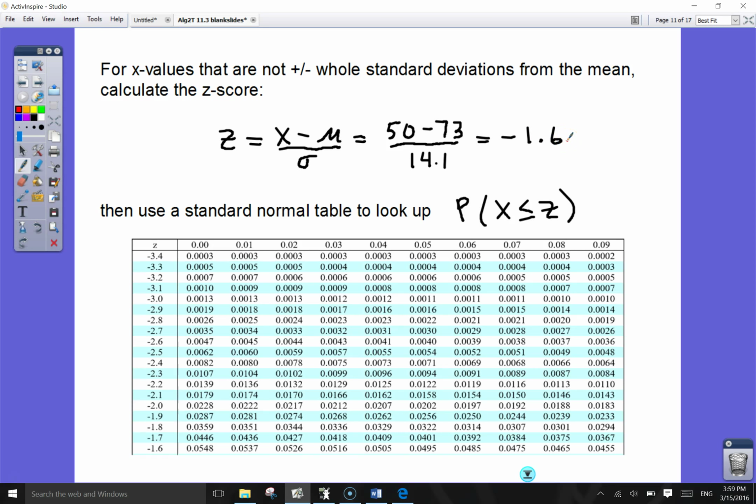Now the way we used to do this is you would have what you call a standard normal table to look up a z-score, and this would be telling you the probability of x being less than z. Always in this table, it's telling you the probability of x less than the z-score.